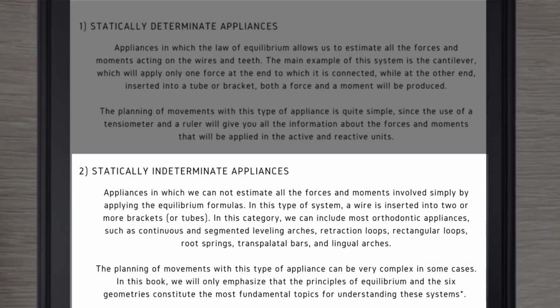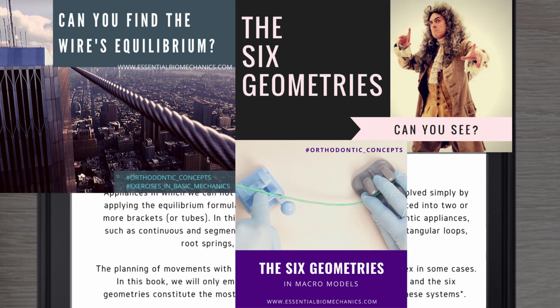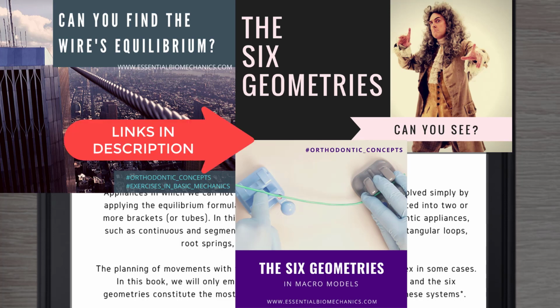The planning of movements with this type of appliance can be very complex in some cases. In this book, we will only emphasize that the principles of equilibrium and the 6 geometries constitute the most fundamental topics for understanding these systems. We have a lot of videos about these principles in our YouTube channel. Certainly they will help you to understand this topic.